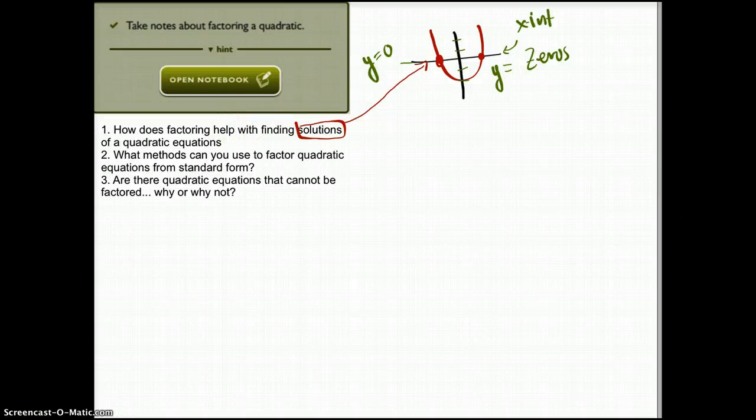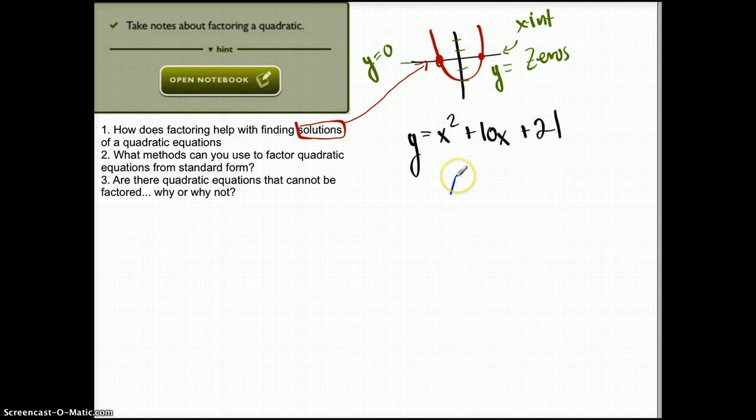Now let's go back to that original equation we had earlier, f of x equals x squared plus 10x plus 21. Let's go to the factored form and see what we can do with it.